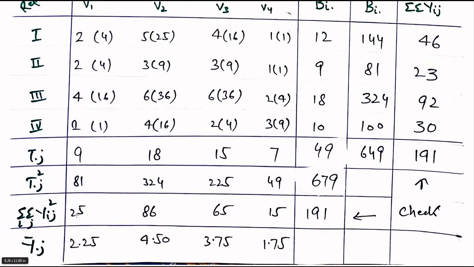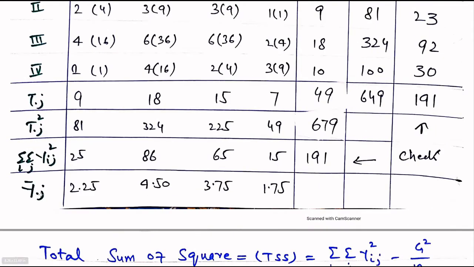Yij square, the sum is 191, and Y bar dot j, by dividing this term by the number of observations, 9 divided by 4 is 2.25, and similarly continuing the same procedure, 7 divided by 4 is 1.75.